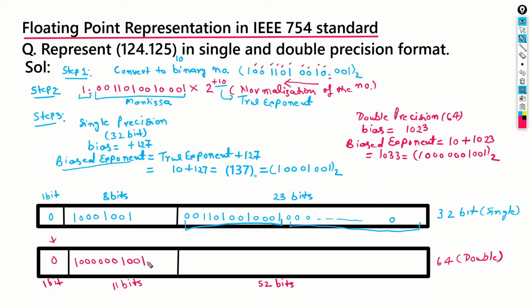If you have a lesser number of bits, then you can add the 0 before the binary number. And I will put the value of the mantissa. So my mantissa is 001100100001. And the rest of the bits here up to the 52 bits will be set to 0.